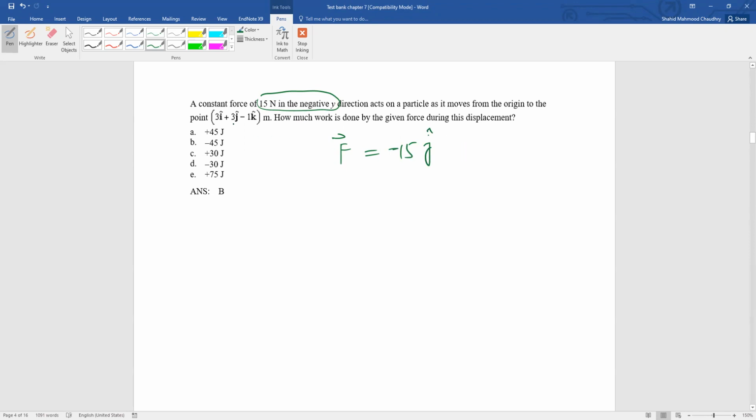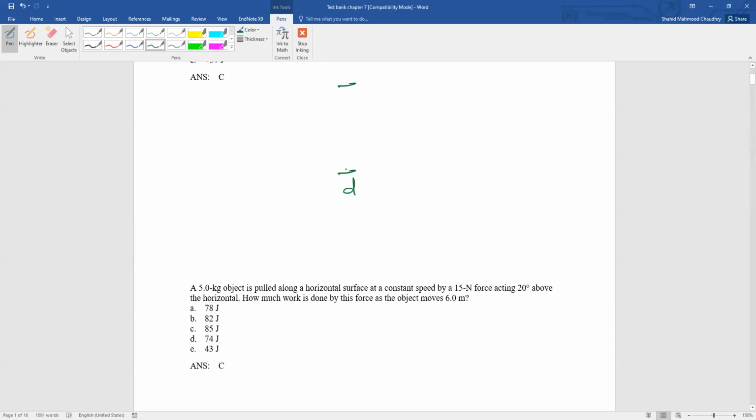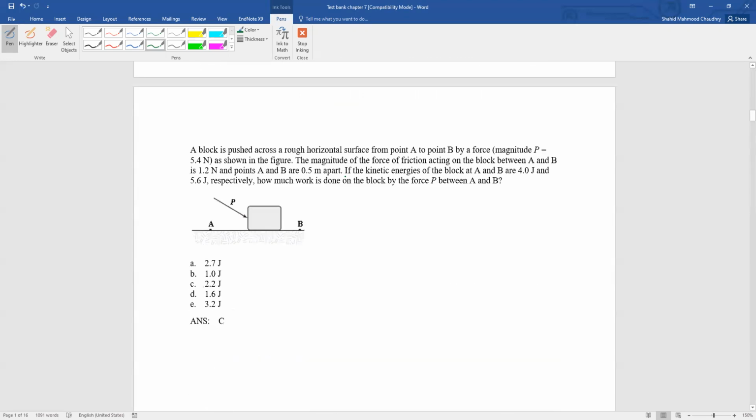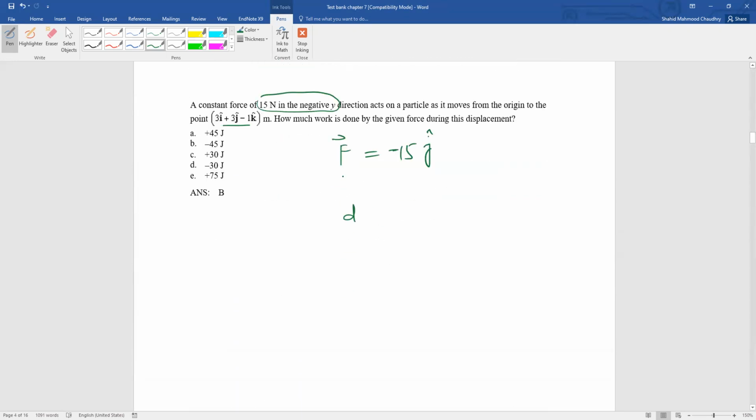And the displacement is given in vector form, and this is equal to 3i plus 3j minus k. So how much work?